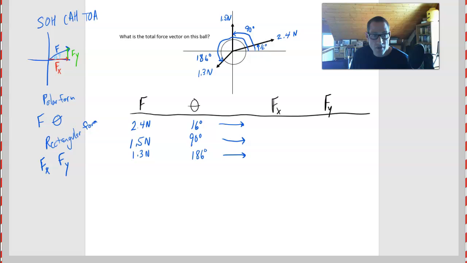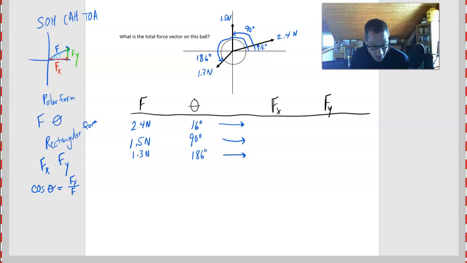So we can say f of x, or actually let's do it in a couple steps. Cosine of theta. I really am getting distracted by sloppy handwriting here. Anyway, here we go. The cosine of theta is equal to adjacent over hypotenuse. So that is f of x over f.